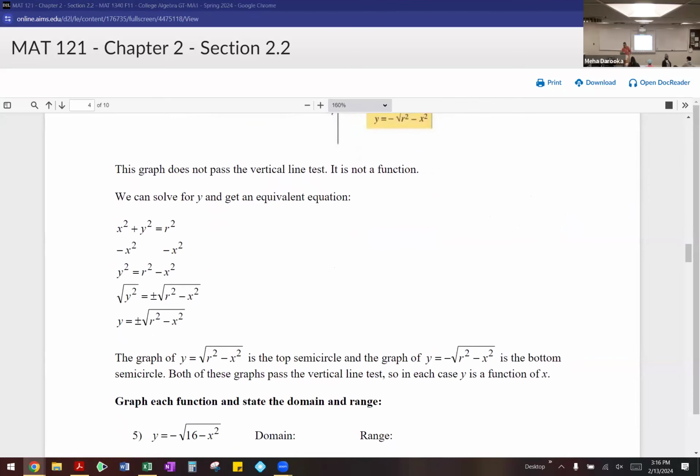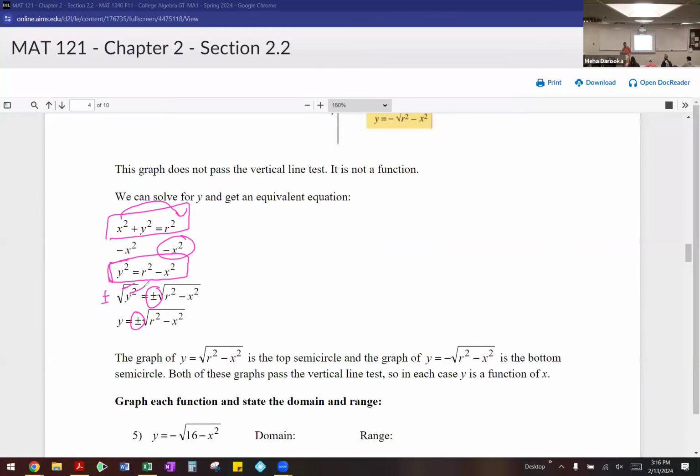So this is our original function. Start by moving that x squared to the other side. So that's what we did. Bring that x squared here. So you end up getting y squared equals r squared minus x squared. Now, since that's a square, we would end up taking a square root. And anytime you take a square root, you end up with one positive, one negative root. So that's where that plus or minus is coming from.